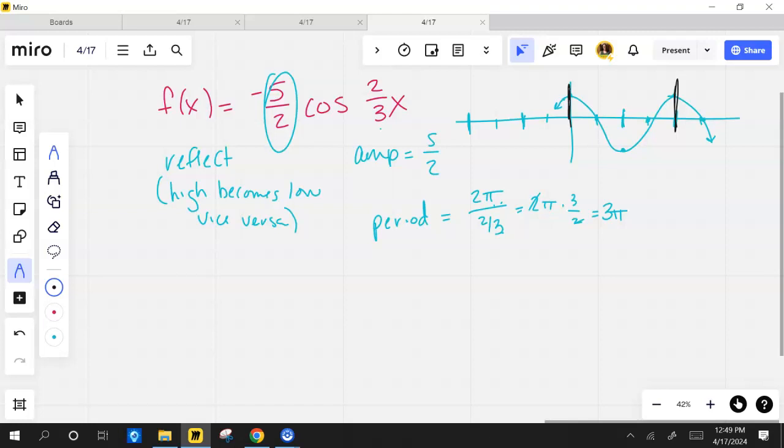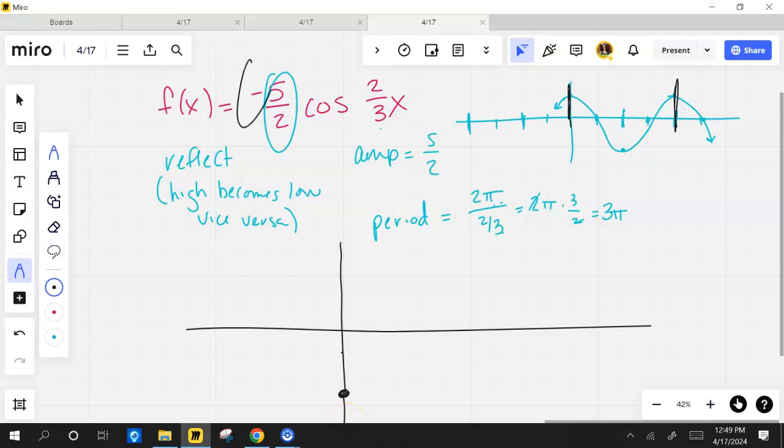Now remember though, because I'm reflecting, my highs are my lows now and my lows are my highs now. So it's going to start at -2.5. What do you do with the 3 times?